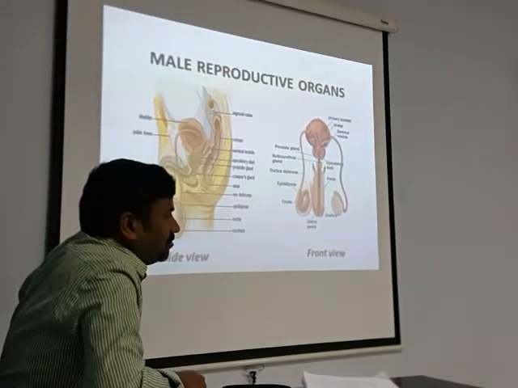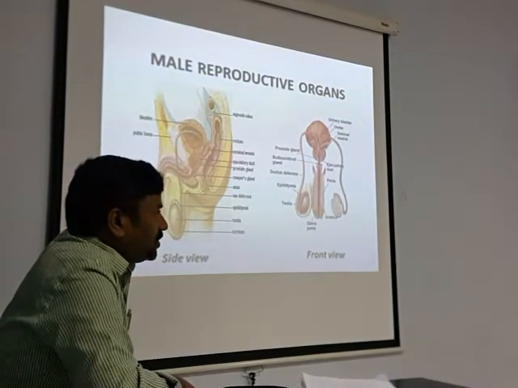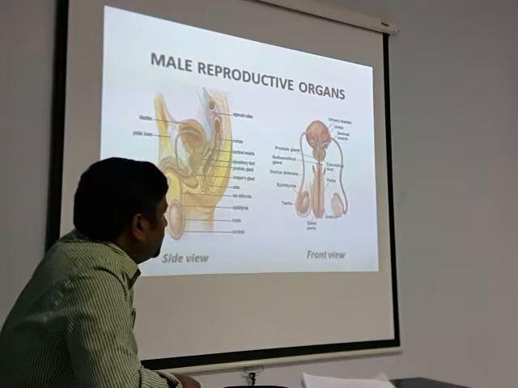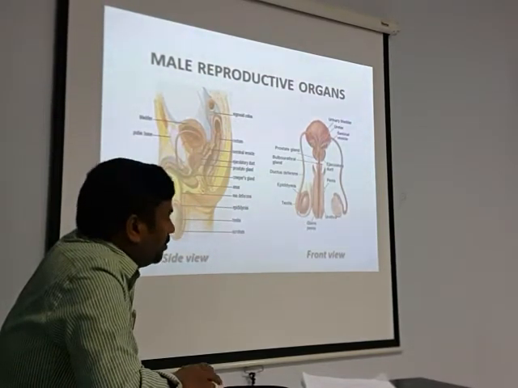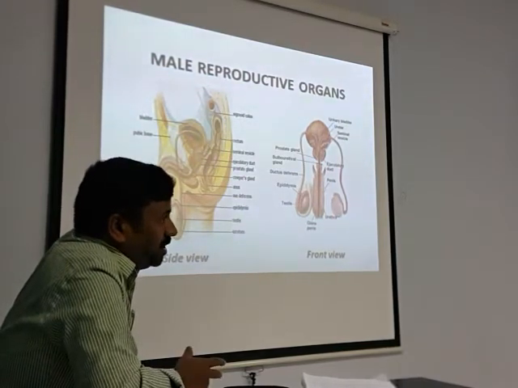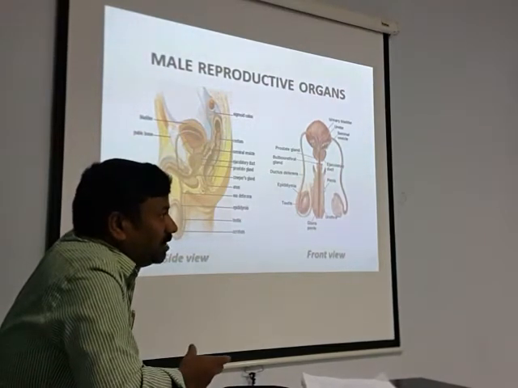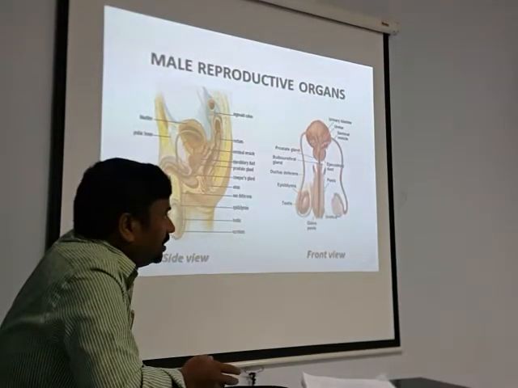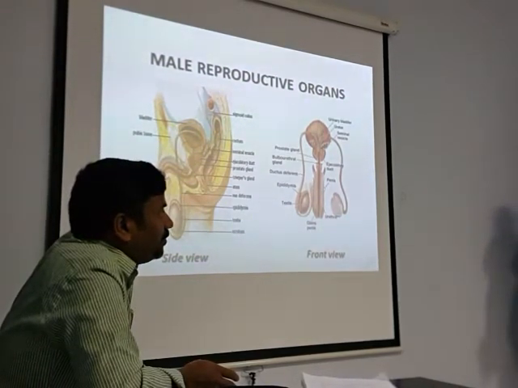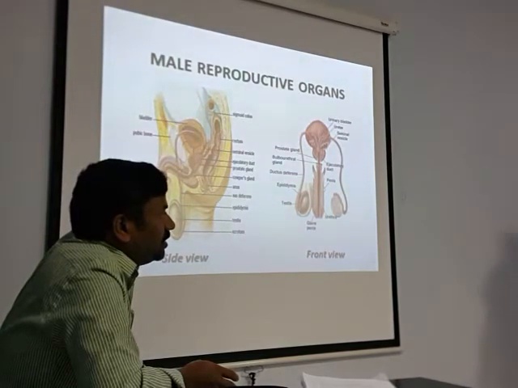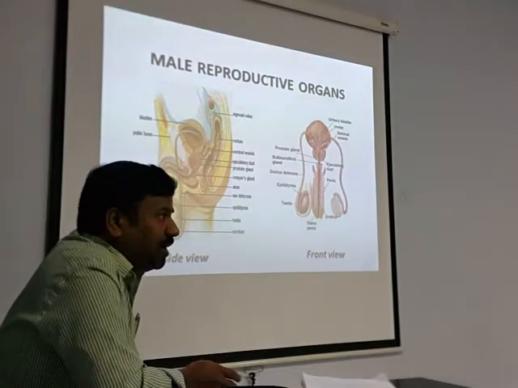Male reproductive system. That means what are the organs which form your male reproductive system. These are the organs present in the male which help in producing, carrying and discharging the male gametes, the sperms, into the female genital tract.